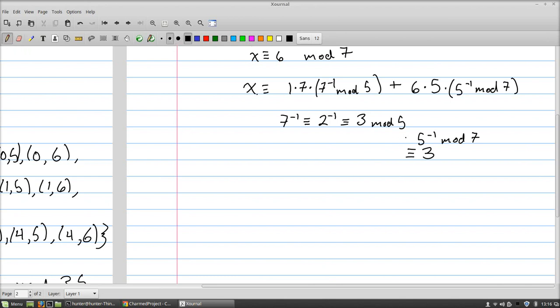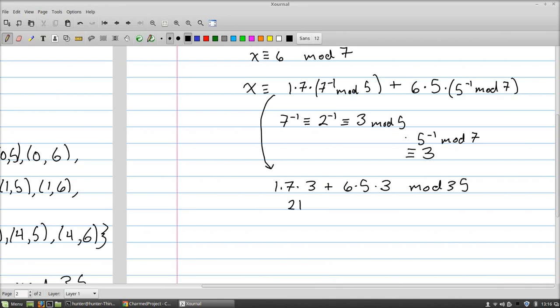All right, so now we're actually ready to compute x. X should be equal to 1 times 7 times 3 plus 6 times 5 times 3 mod 35. So what is this?